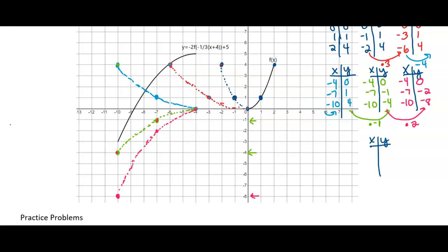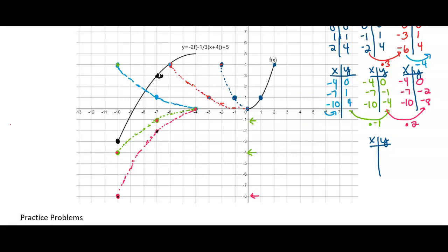So think about this point that you had at negative 10, negative 8. Think of moving that up 5, which will take us right here to negative 10, negative 3. And then our next point, which is negative 7, negative 2, think of moving that up 5: 1, 2, 3, 4, 5.